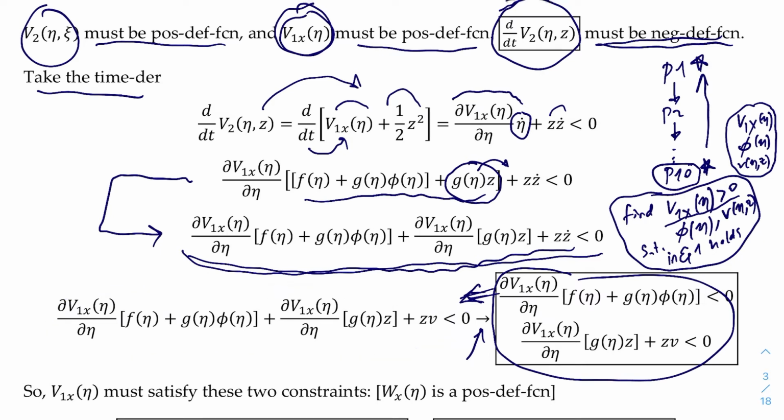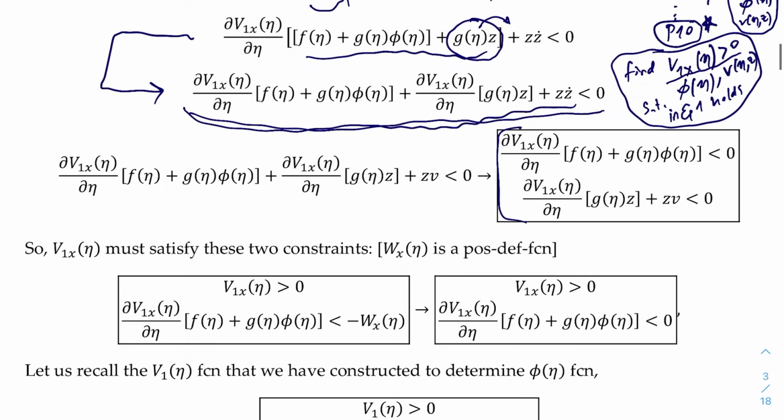And as you know, sufficient conditions are harder to satisfy, but on the plus side they would make things easier. Okay, so this is our constraints.